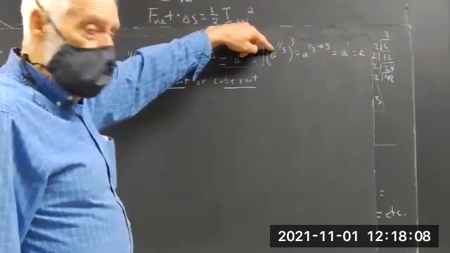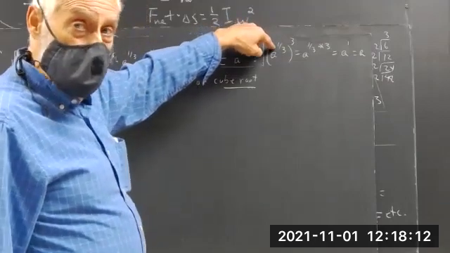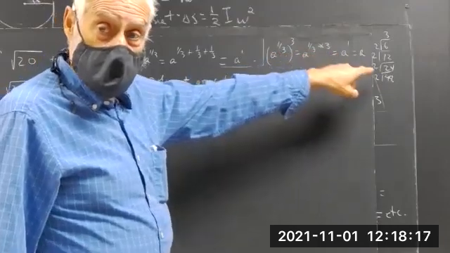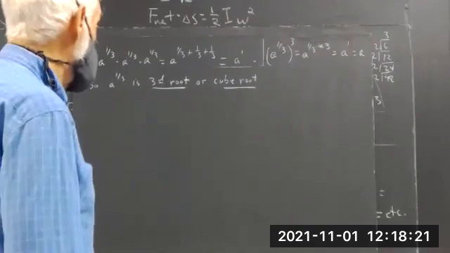If you cube A to the 1/3, then you take the third power of the 1/3 power, meaning you're raising A to the 1/3 times 3 power, which just gives you the first power. 3 times 1/3 is 1.